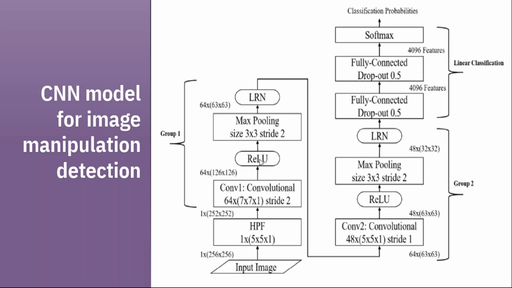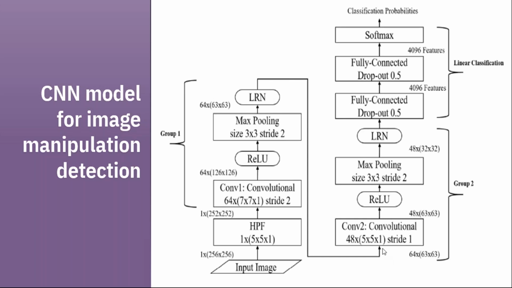Then we have applied the rectified linear unit. At every convolutional layer, we use an activation function called the rectified linear unit. It changes the output value of any function, suppose f of x, to max of 0 comma x. After applying the rectifier unit, we apply the max pooling and the LRN, which we had discussed earlier.